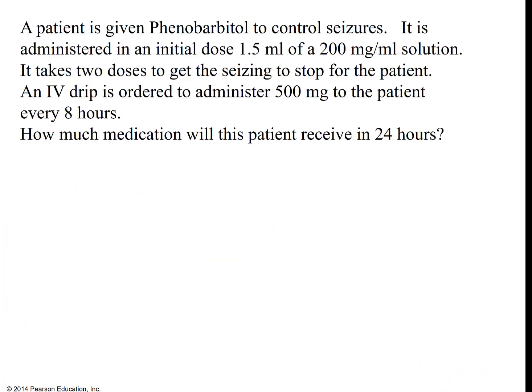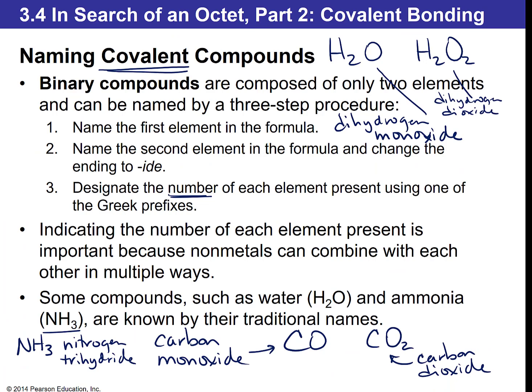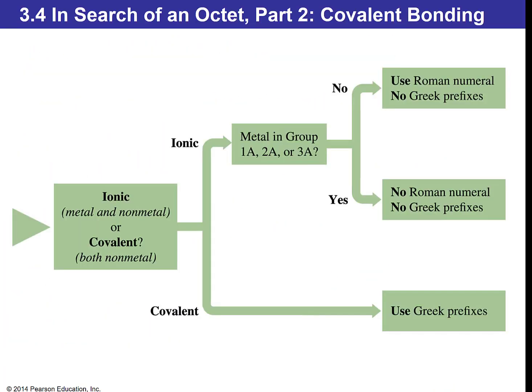One more. If you're given a name or a formula, you can figure out, is it ionic or covalent, just by looking at the name or formula. The kicker is this: look at the first element.